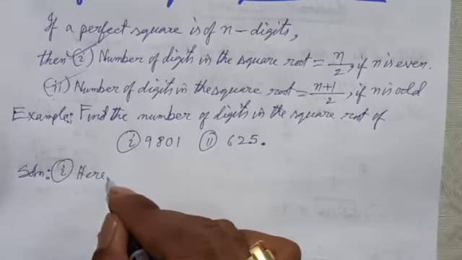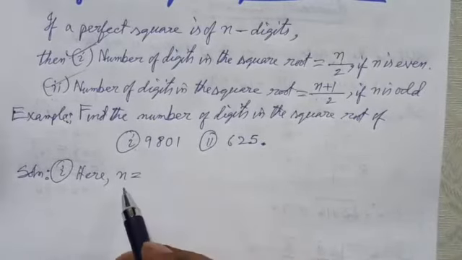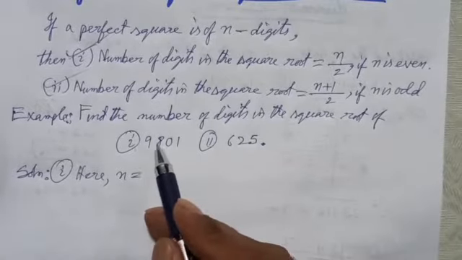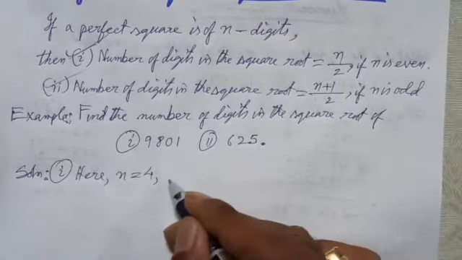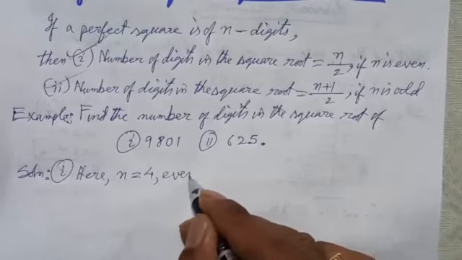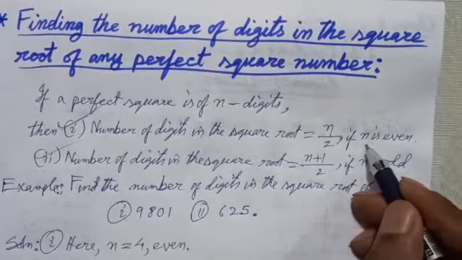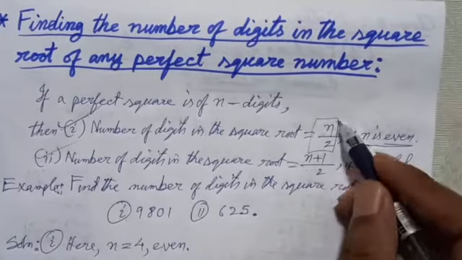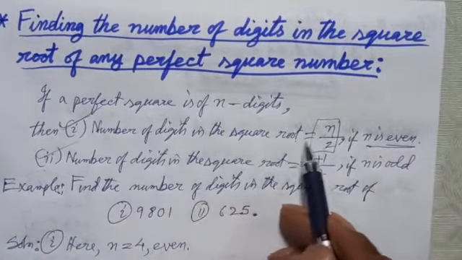Here n is the number of digits in the given number 9801. Here the number of digits is 4. 4 is even. So for n even, we have to use this formula. So number of digits in the square root is n by 2.